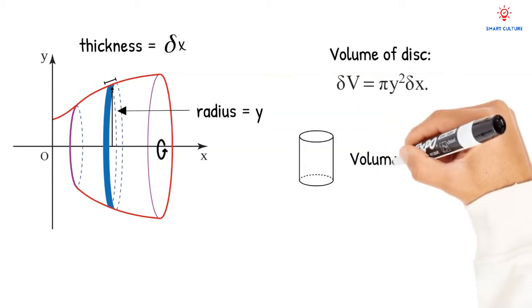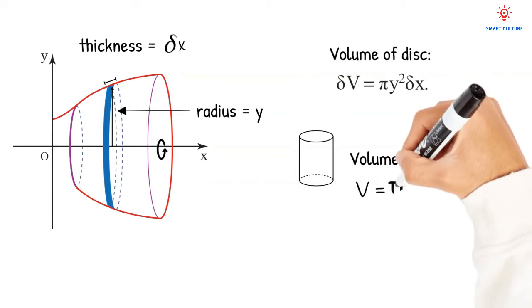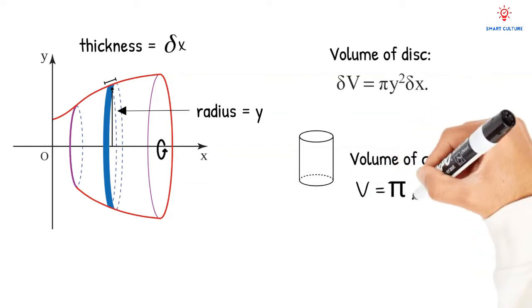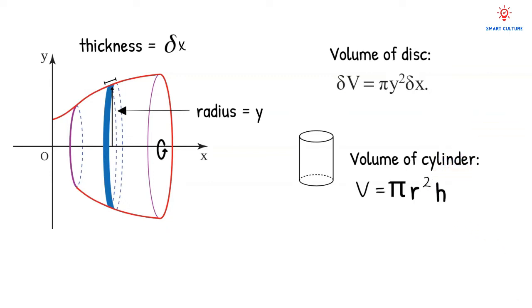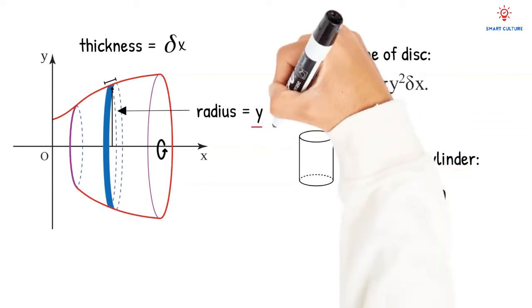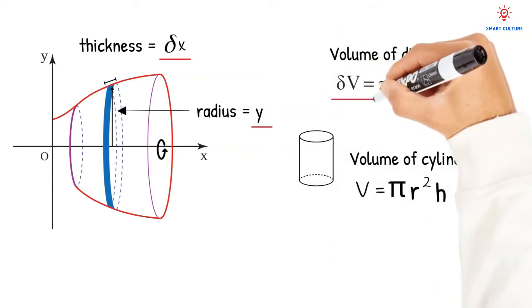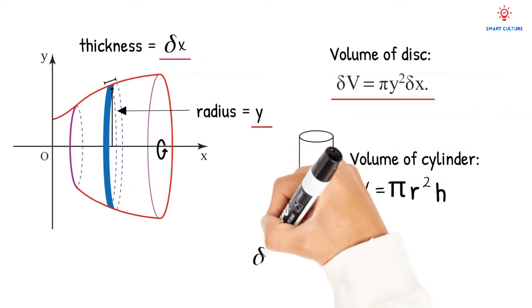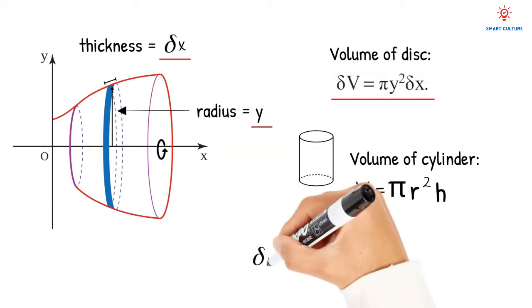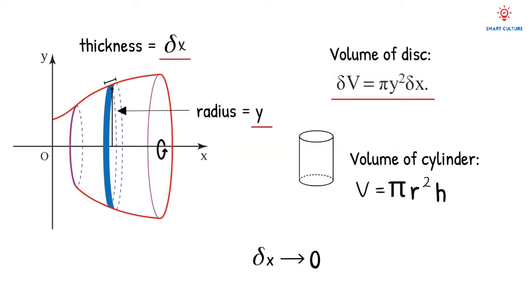Now remember, the volume formula for a cylinder is V is equal to pi r squared times the height. So we just substitute the values for the radius and thickness into this formula, which brings us to this formula right here. The total volume of the solid will be the sum of all the tiny disks as delta x approaches 0. Let's go into more detail now.